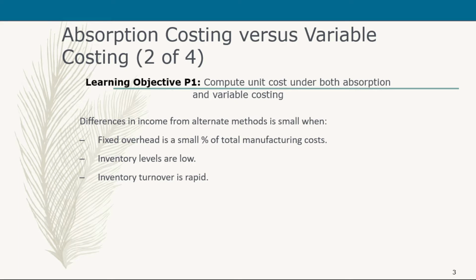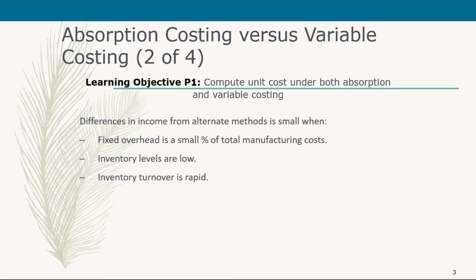Let's say, for example, you are employing the just-in-time strategy of managing your inventory, meaning you minimize your inventory level. So in here, your inventory account balances would probably be low, so there will only be a slight difference in your income pertaining to the variable versus the absorption costing.